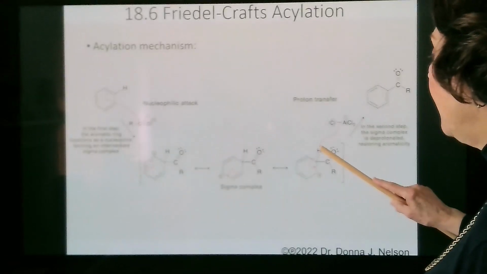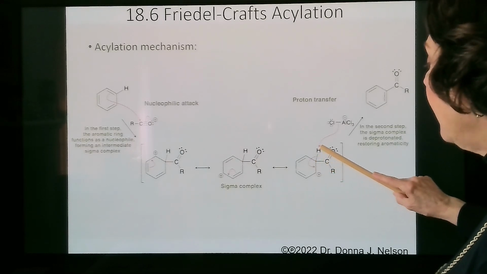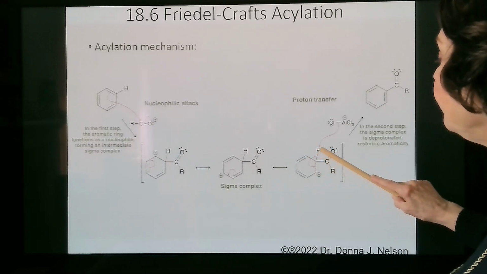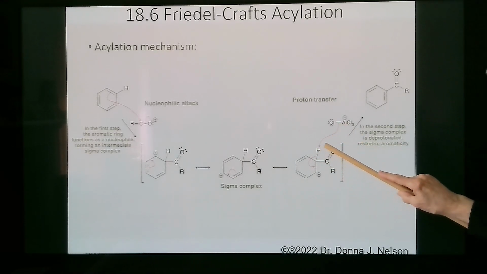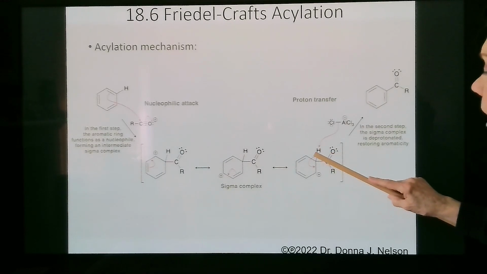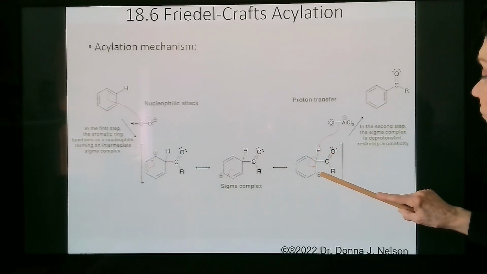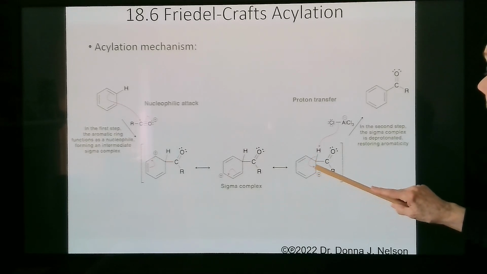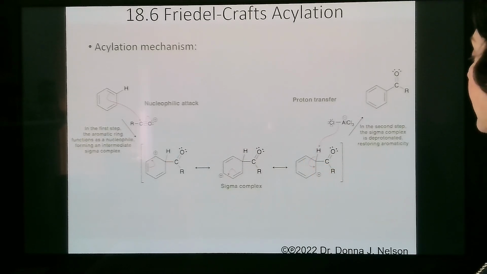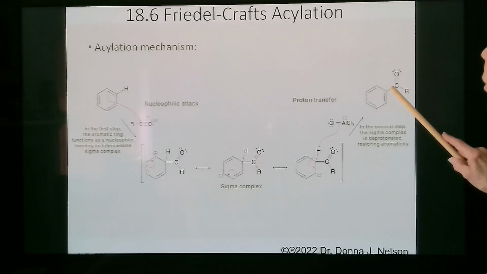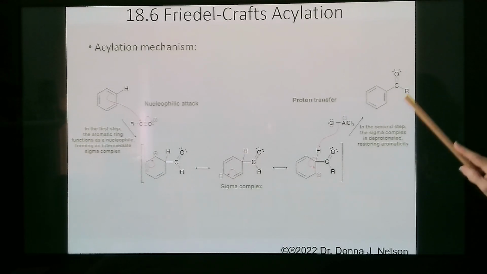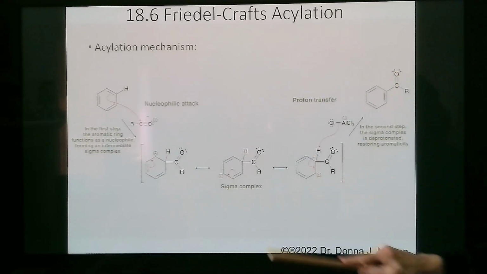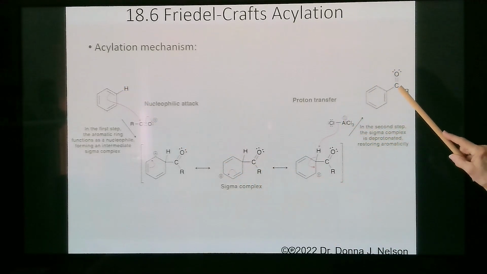Then the carbon that is attached to 4 other atoms bears the proton that is removed, and the pair of electrons in the CH bond moves back into the ring, satisfying the positive charge and restoring the aromaticity. And so now you have attached this acyl group. So this is Friedel-Crafts acylation. Notice CH has become replaced by this acyl group.